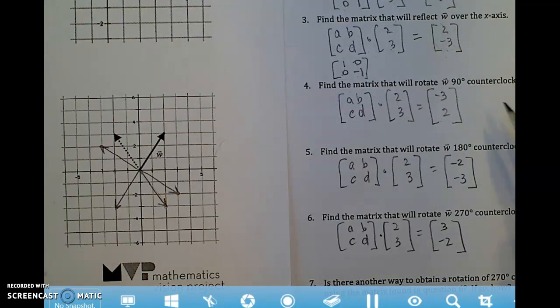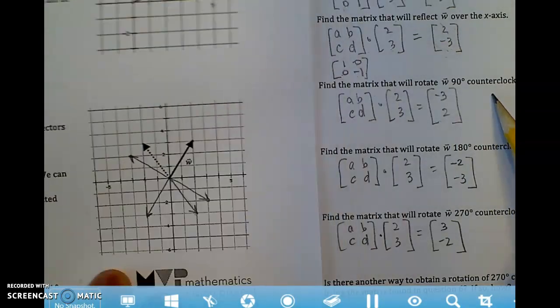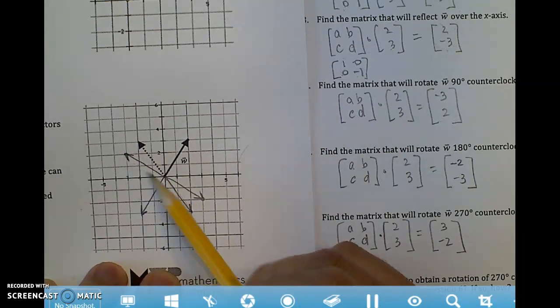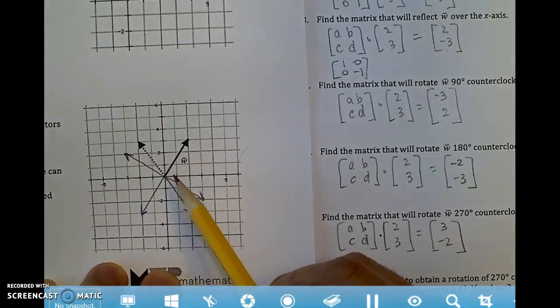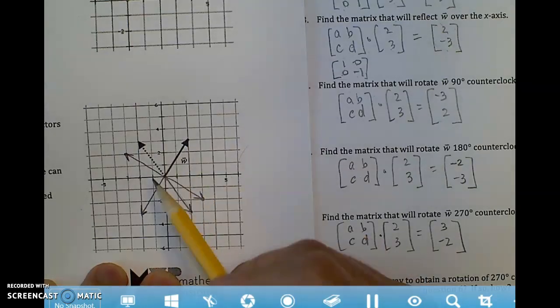Alright, for the next one, we have the 90 degrees counterclockwise rotation. Back to my diagram here. This vector right here is my 90 degrees counterclockwise. Remember we talked about it in the transformation module: it's about slopes that are opposite reciprocals for 90 degrees.